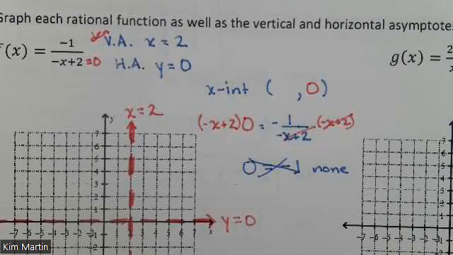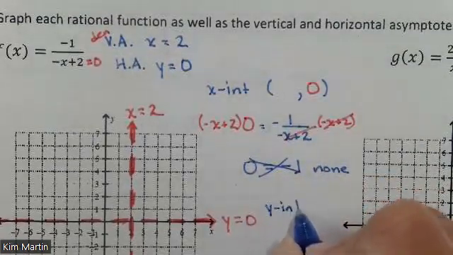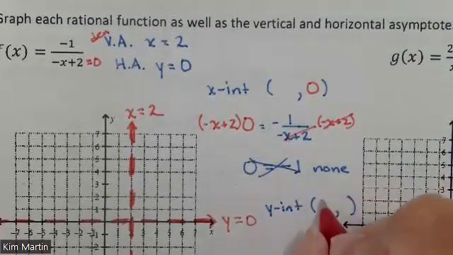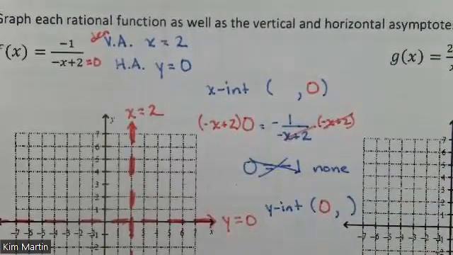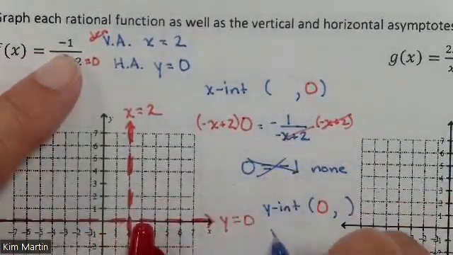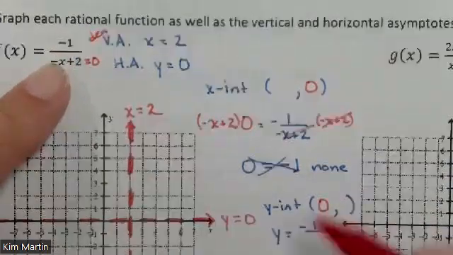Just because we don't have an x-intercept doesn't mean that you don't have a y-intercept. You always will have a y-intercept. What do we know about all y-intercepts? That x is equal to 0. Very good. So wherever I see x, I'm going to put 0 in there.